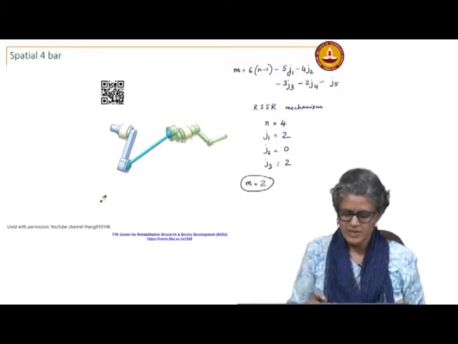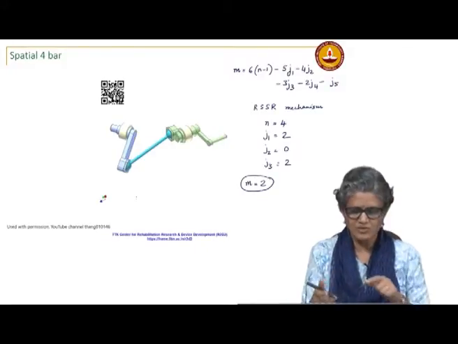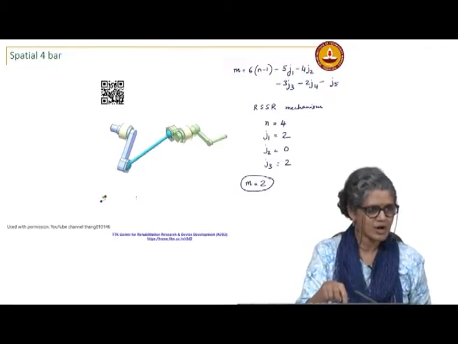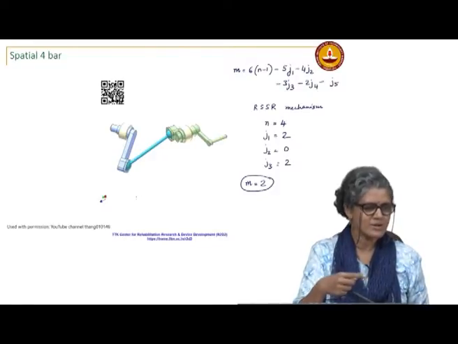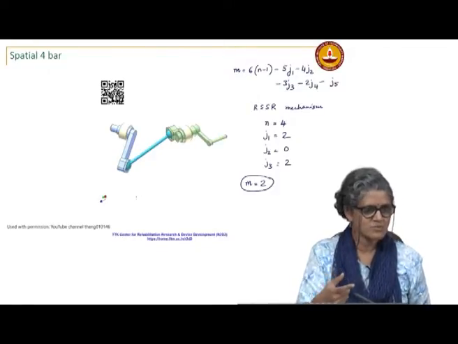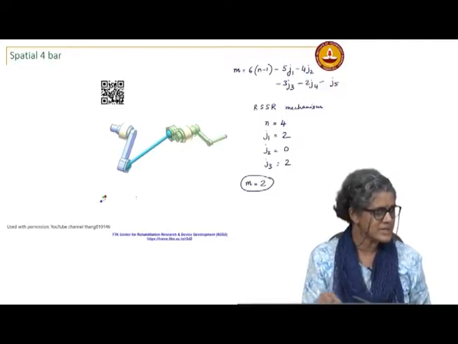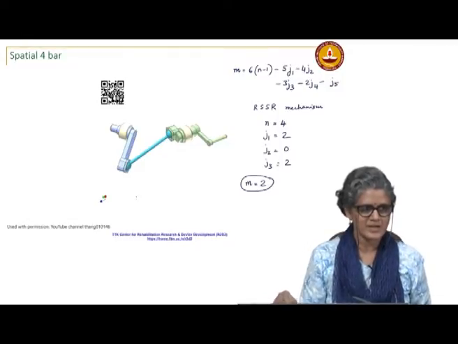I get a mobility of 2, but it is quite clear that there is a definite relationship between the input and the output. You need only one input to make this mechanism move in a predictable fashion. The input angle, output angle can be related directly, which means there is an additional degree of freedom.